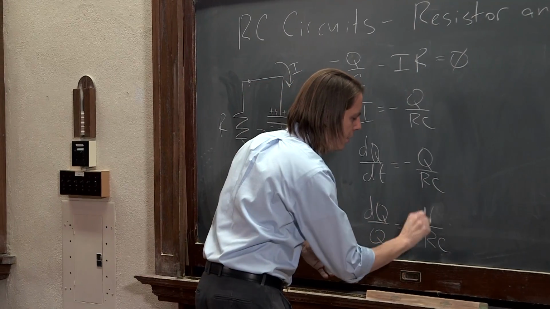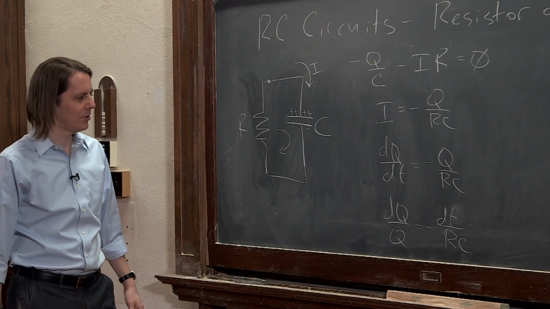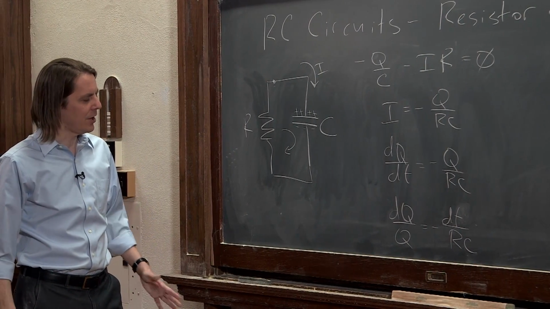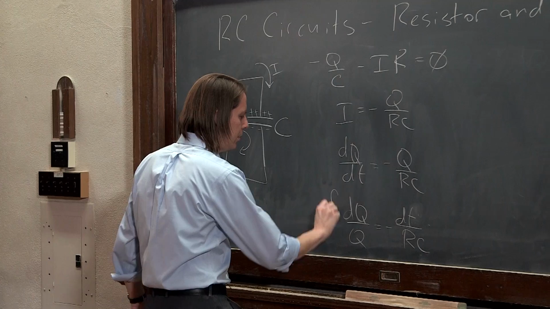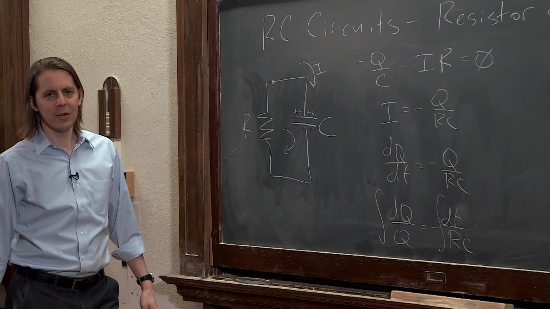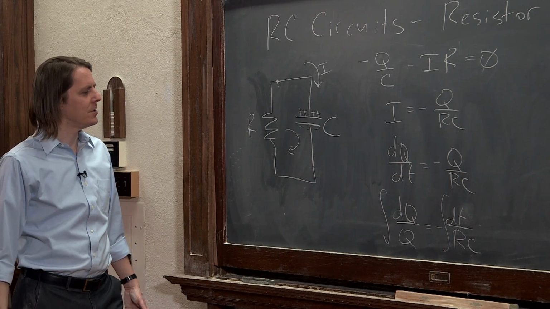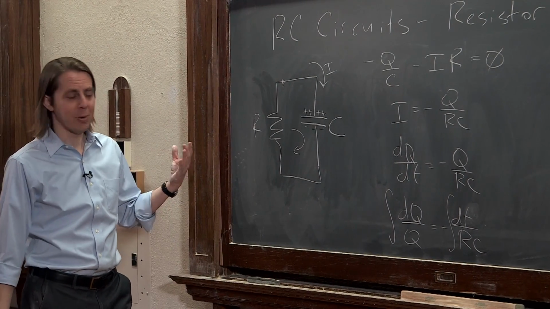Okay. And now is the time we have to think about what we're doing. We have to think about the physical experiment because now we're going to integrate. And we have to have limits on the integration, and those limits have to match what we're doing. So let's imagine that we're starting with a charged capacitor.